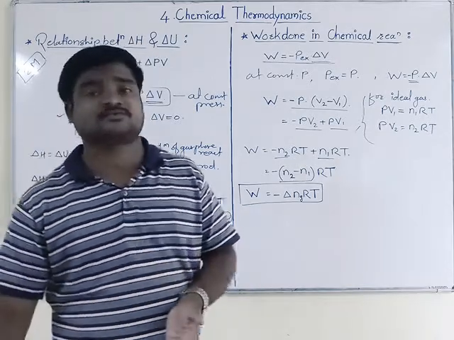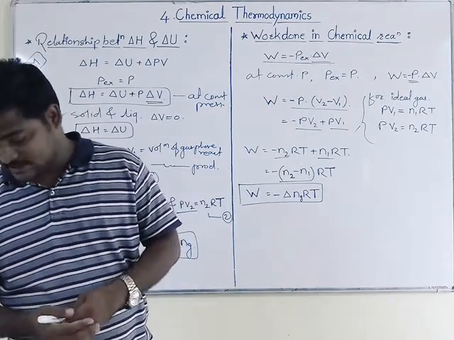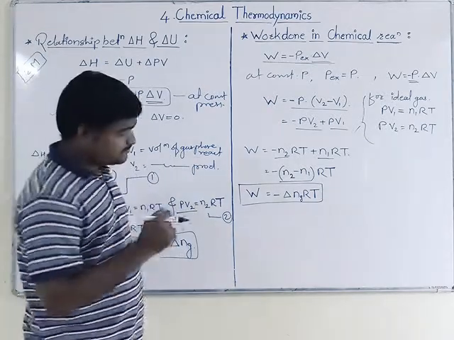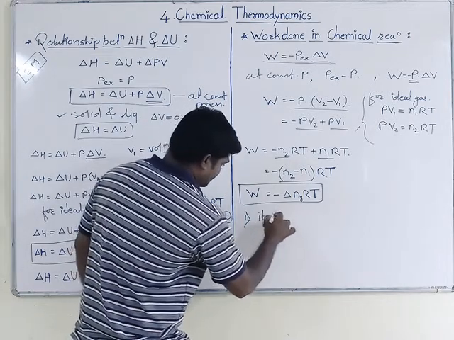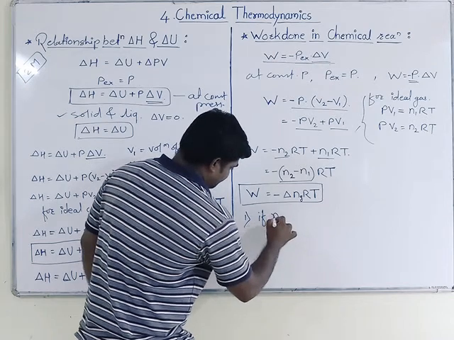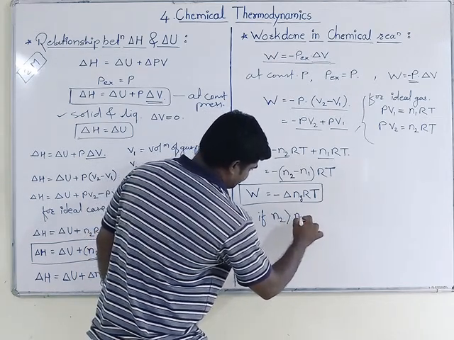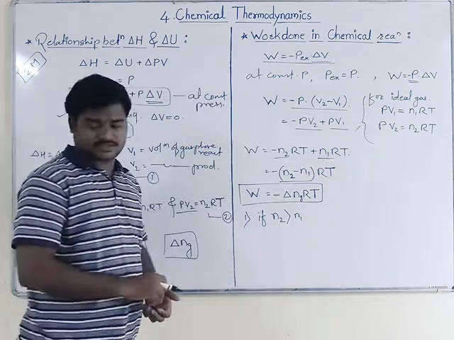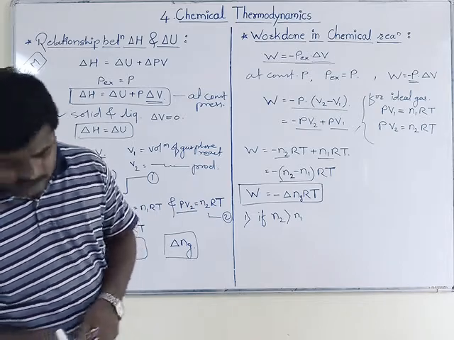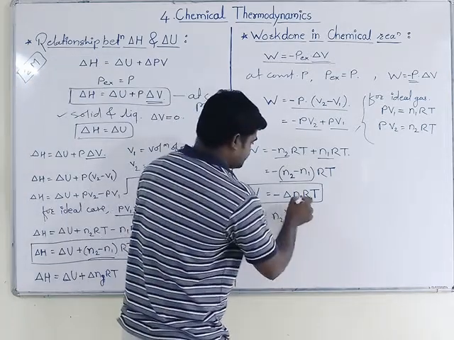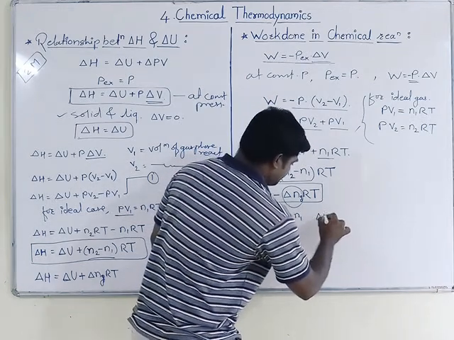Those three cases we will study with the following conditions. The first condition is that if the number of moles of products is greater than the number of moles of reactants, in that case delta Ng, which is the change in number of moles, will be positive.